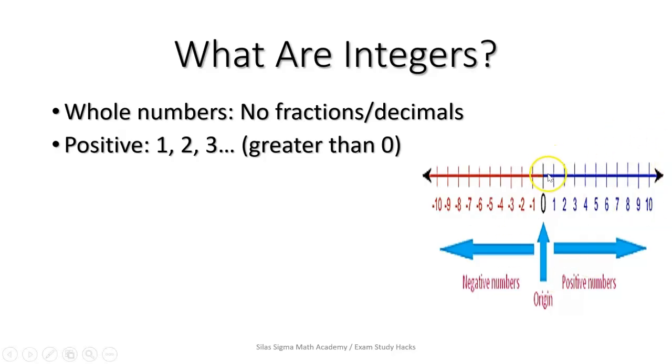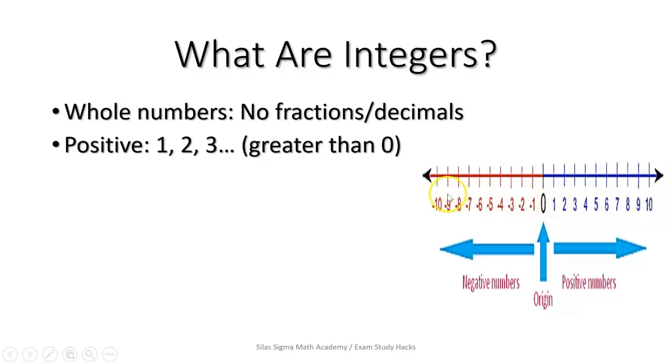This number line explains it. Here you can see the origin, which is 0. Then you have your positive numbers, meaning all the numbers greater than 0 that are not decimals. They are also not fractions. They have to be whole numbers, which you can also call natural numbers.